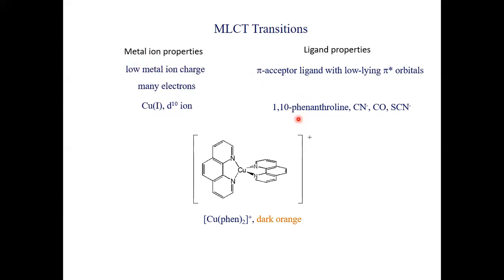And we have a ligand which is a strong pi acceptor, which lowers the energy of the pi star orbitals. All right, also this complex has a spin allowed and Laporte allowed metal to ligand charge transfer transition. For that reason, the color is again quite intense.